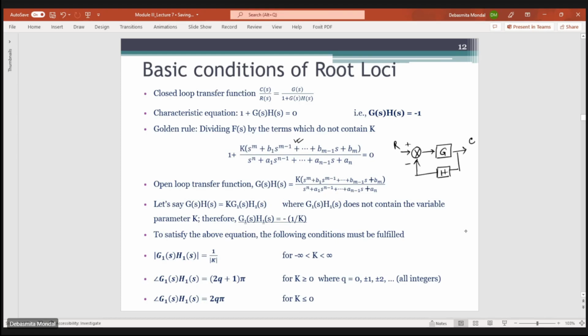So this value of G(s)H(s) is known as the open loop transfer function, and in this case the value of H(s) is equal to 1, that is, we are dealing with a unity feedback system.